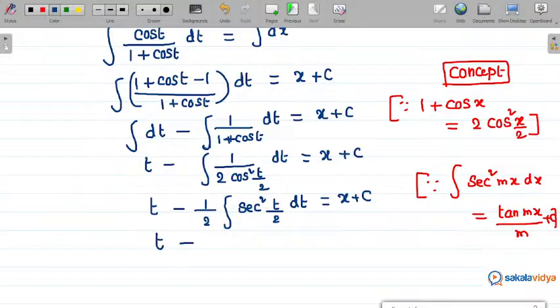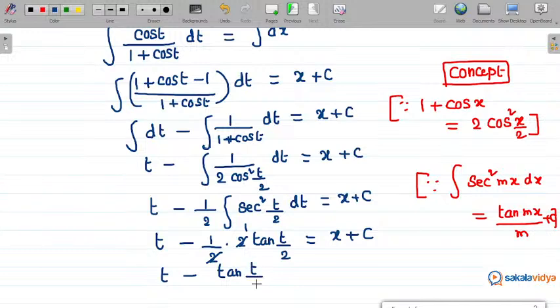This is equal to t minus 1 by 2 into 2 times tan t by 2 equal to x plus c. And 2 will get cancelled. We have t minus tan t by 2 equal to x plus c. Now substitute t value. What is t?